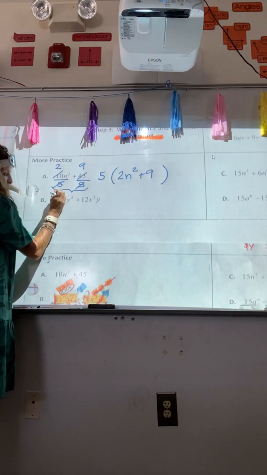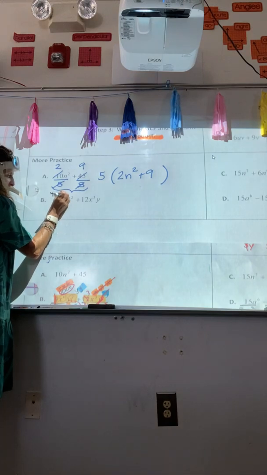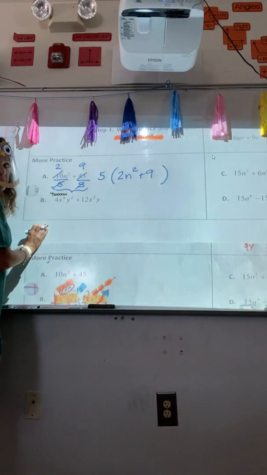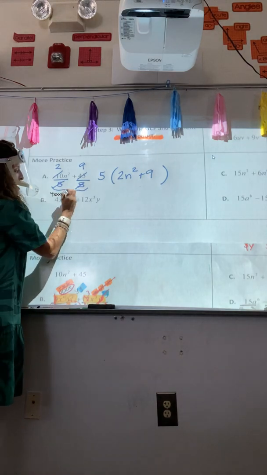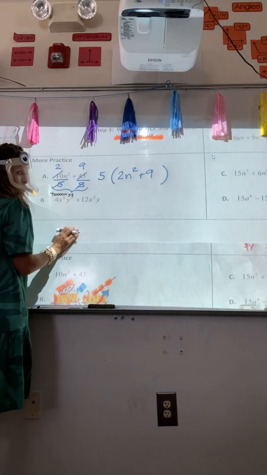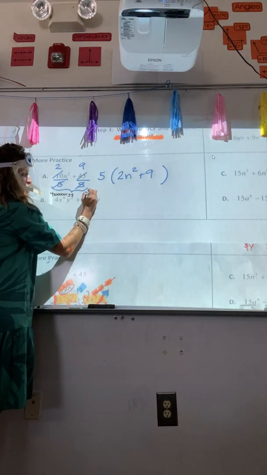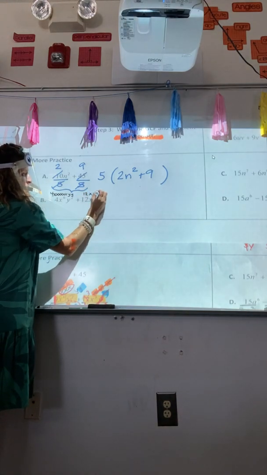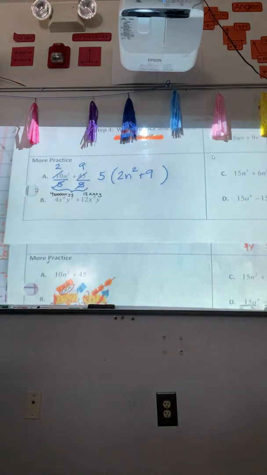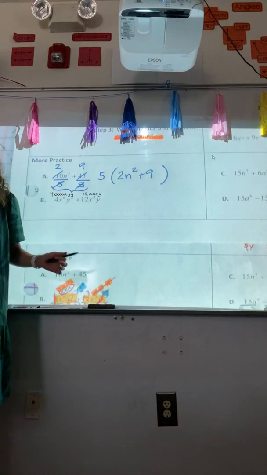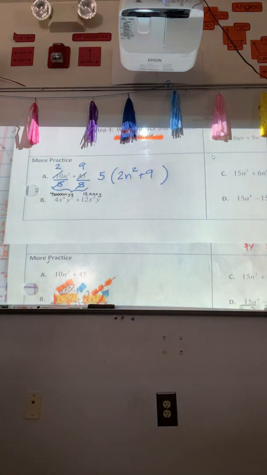X to the 6 means 6 x's. 1, 2, 3, 4, 5, 6, right? Y squared means 2 y's. And then we have 12, and that is x cubed. That's 3 x's and 1 y. So now you can almost count the number of x's that they have in common that I can actually factor out.